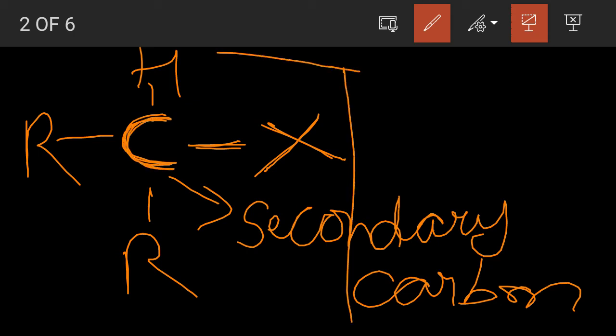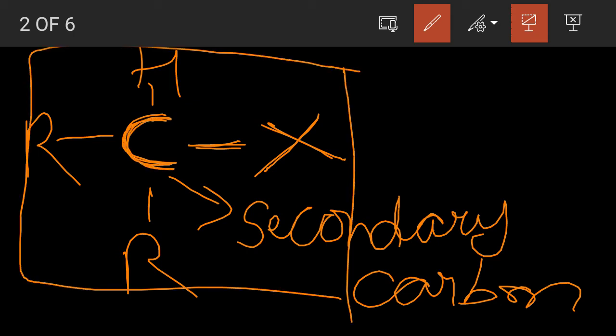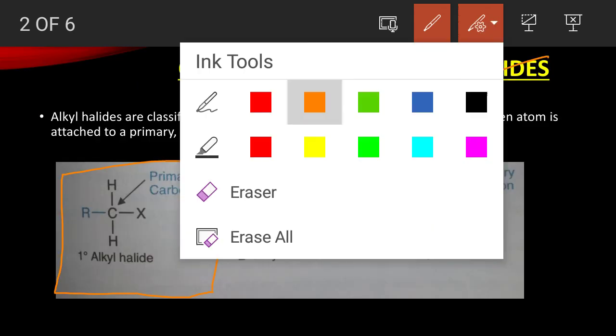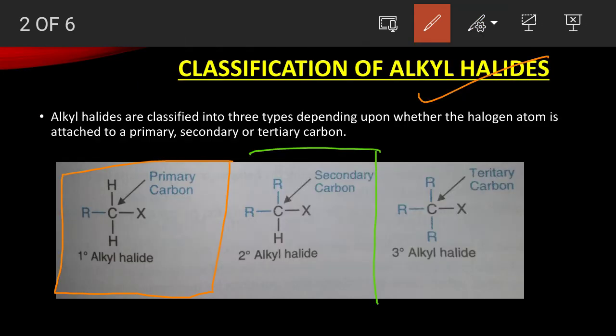That's why the compound is called a secondary alkyl halide, because two alkyl groups are bonded to the carbon atom which is bonded with the halogen atom. This is the second type of alkyl halide. And the third type of alkyl halide is the tertiary alkyl halide.